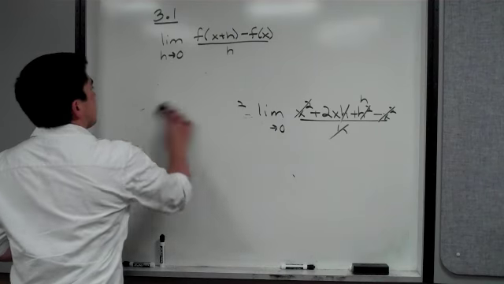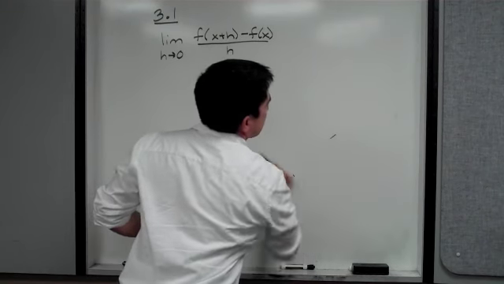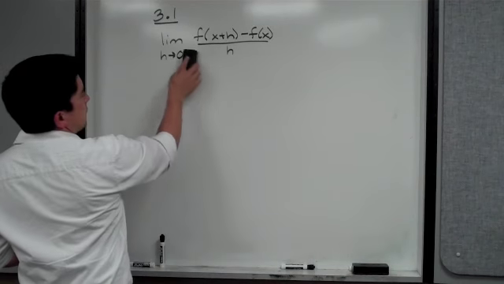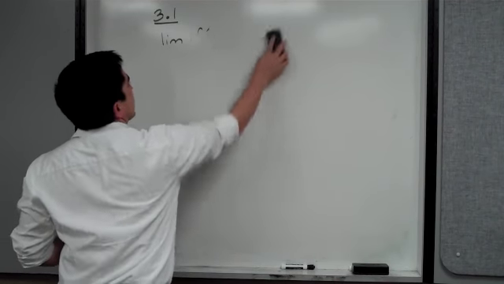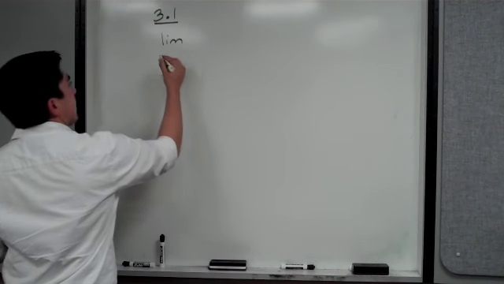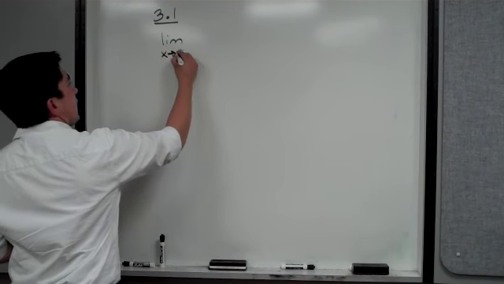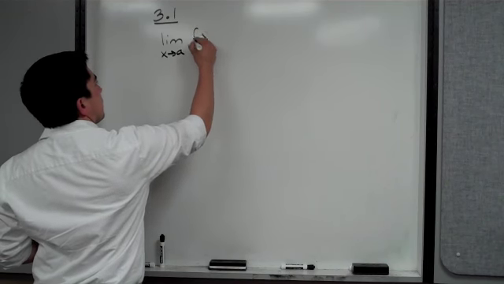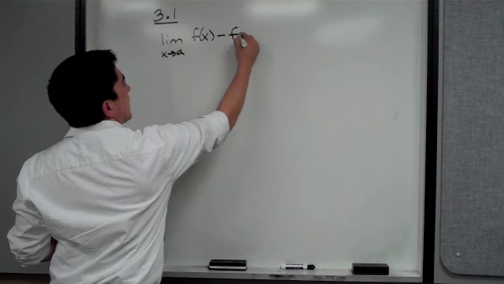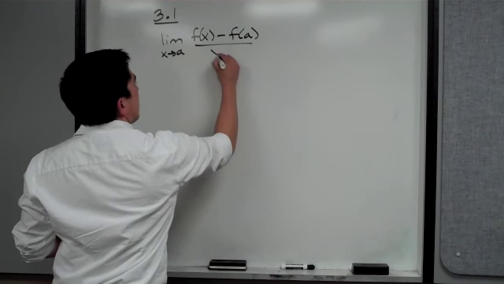looks like this. The other one we did in class, so we have the limit as h approaches 0, or we can do the limit as x approaches a of f of x minus f of a over x minus a.